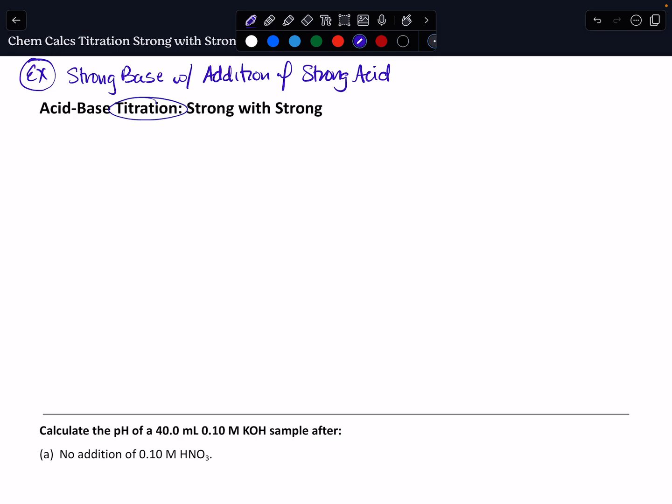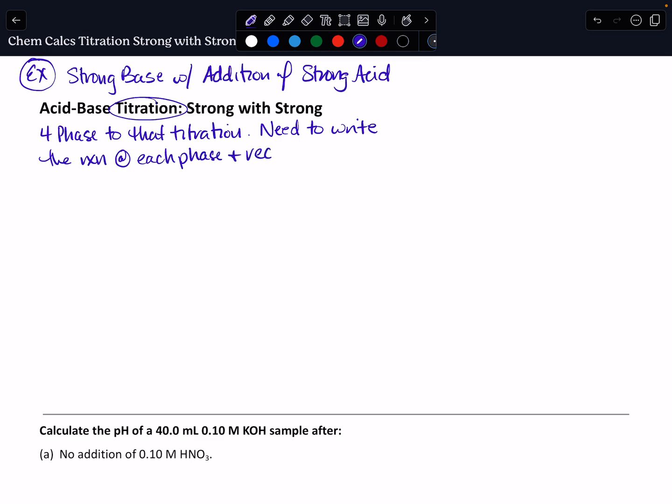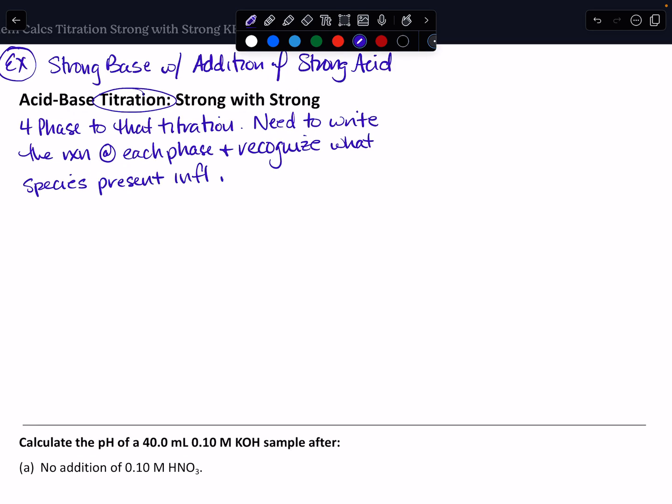All right, so in general, when you have a titration, there are 4 phases to that titration. You need to write the reaction at each phase and recognize what species present influence pH.